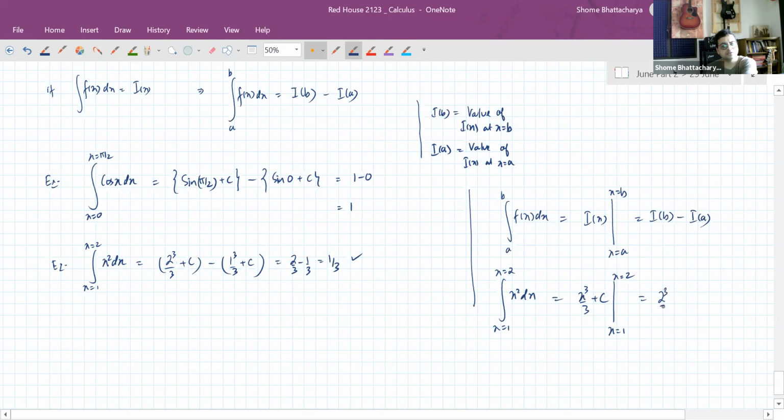So this is 2 cube by 3, oh my mistake, minus 1 cube by 3. It will be 8 by 3 minus 1 by 3, which is 7 by 3.